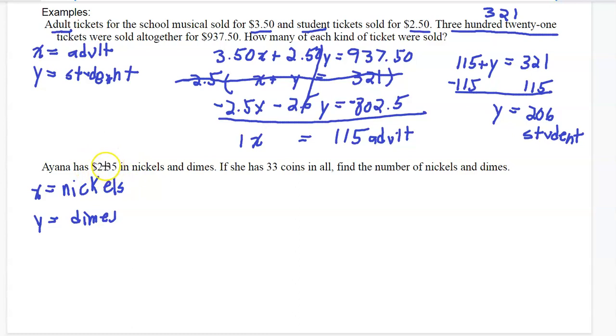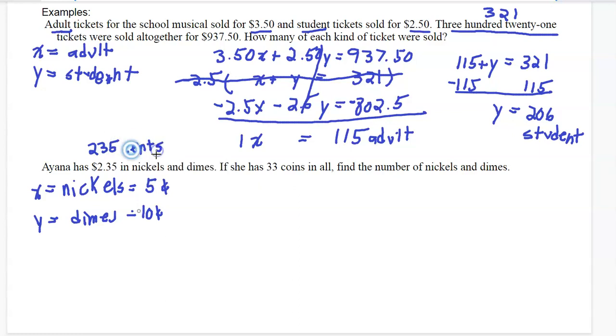Now, if I'm looking at the total value here, I know a nickel is worth 5 cents, and a dime is worth 10 cents. Now you got to be careful because this here is in dollars, and I just defined these in cents. So I want to say that this is actually 235 cents.